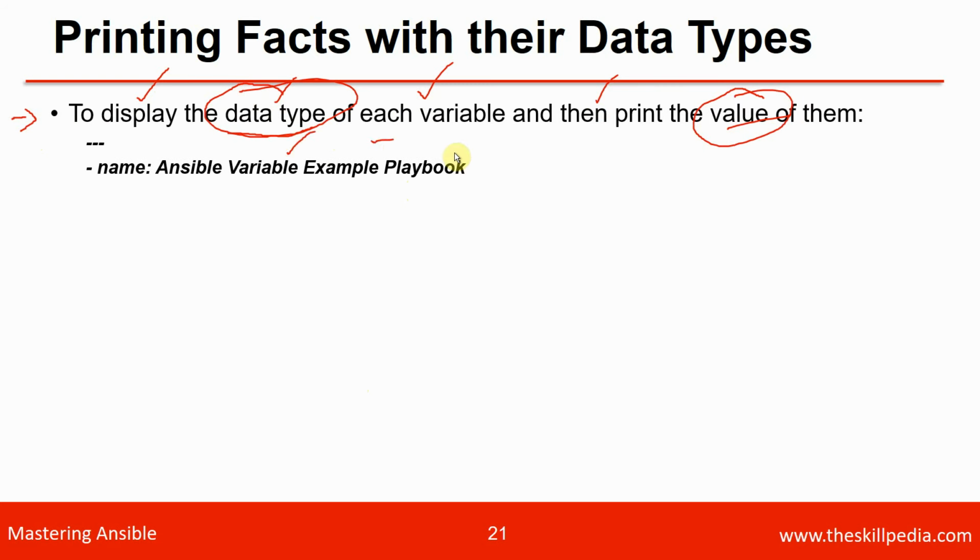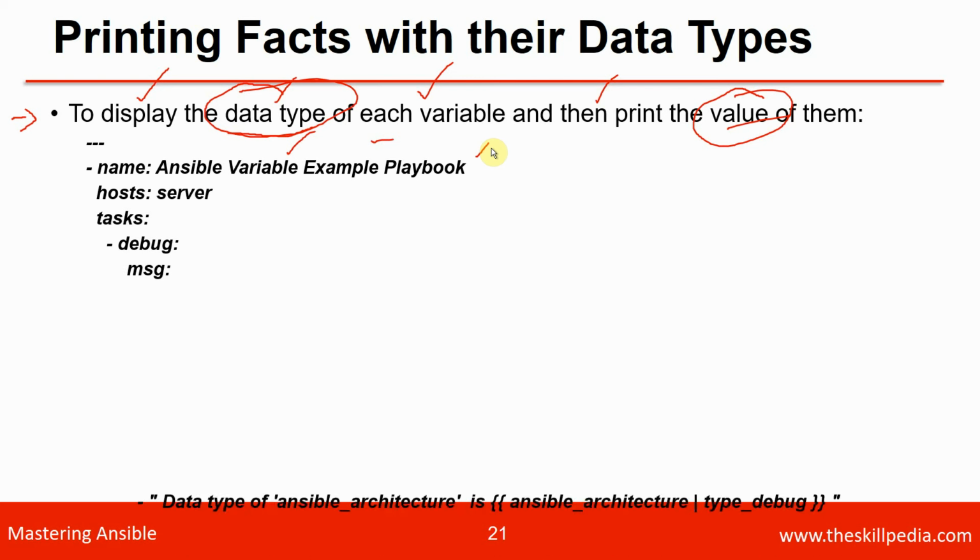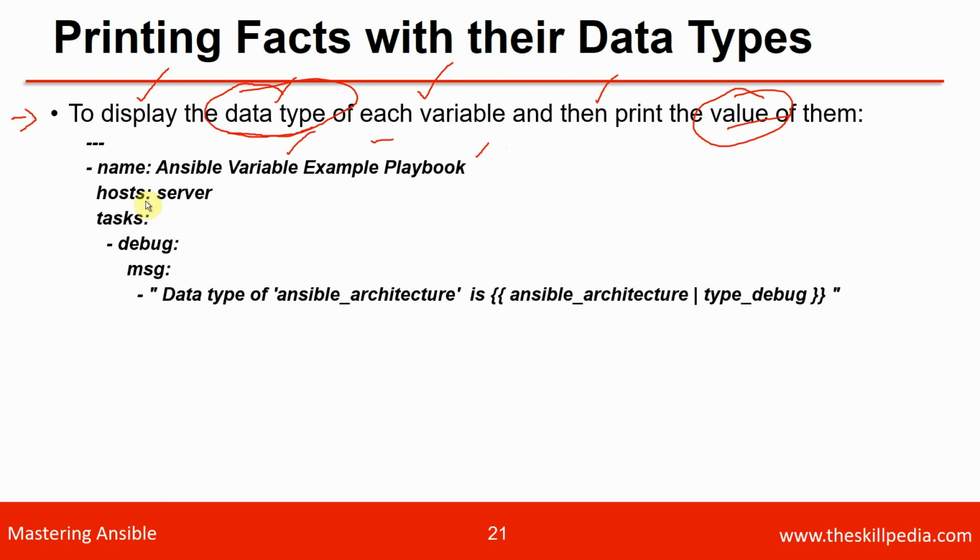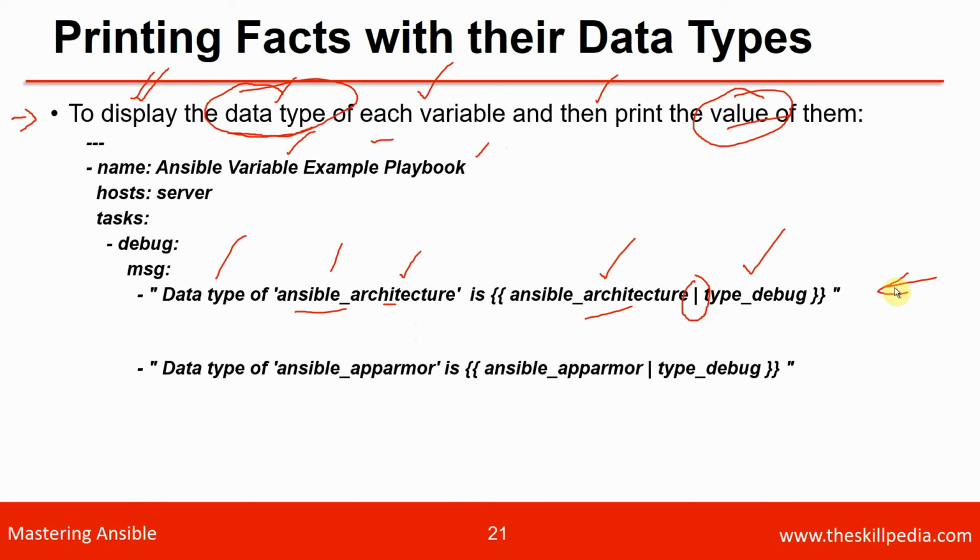Now see, Ansible variable example playbook name, where it is to be played on the server. What is the task? Debug. The message: data type of ansible_architecture. This is the name of the variable, so I want to display it as it is, ansible_architecture with the filter type_debug. This will show you the data type of the ansible_architecture variable.